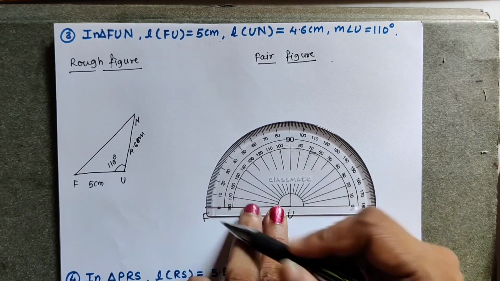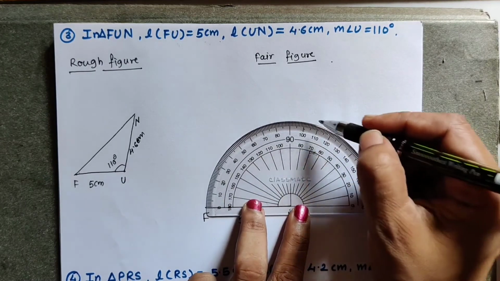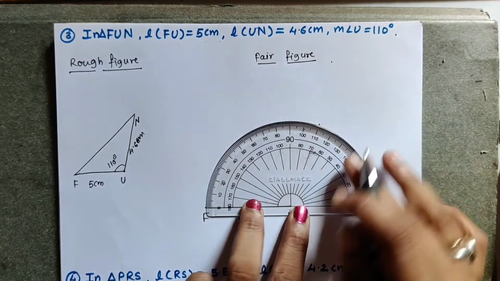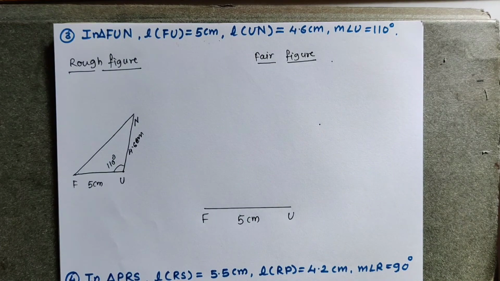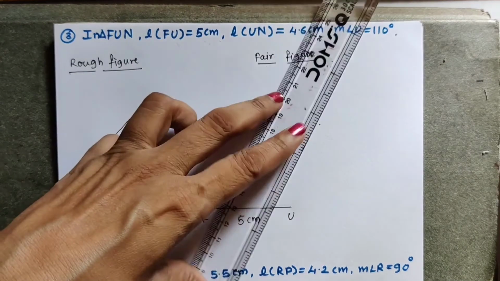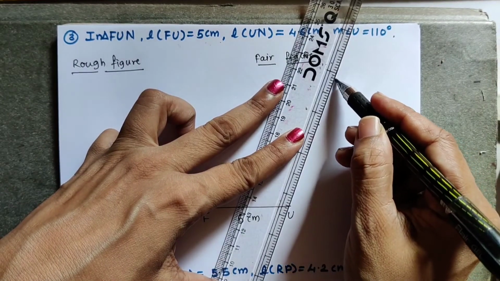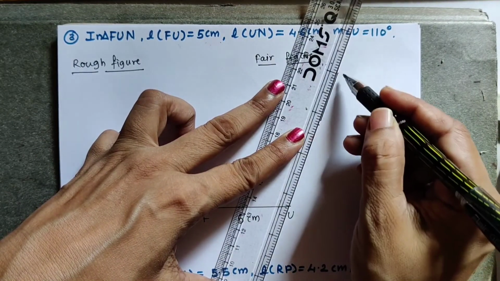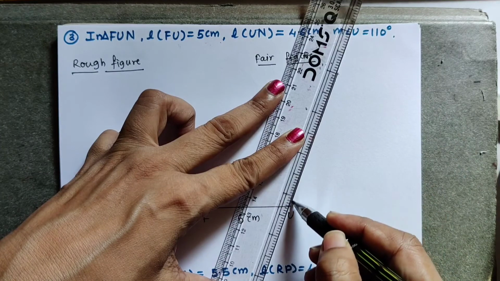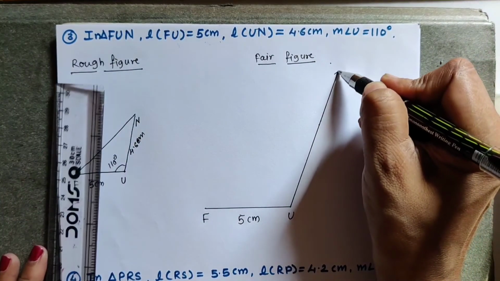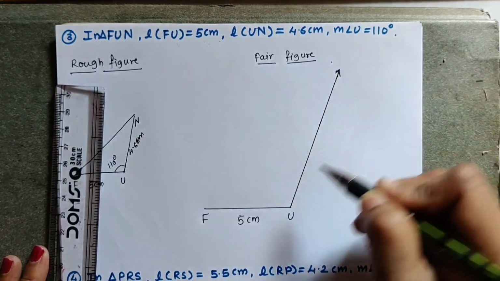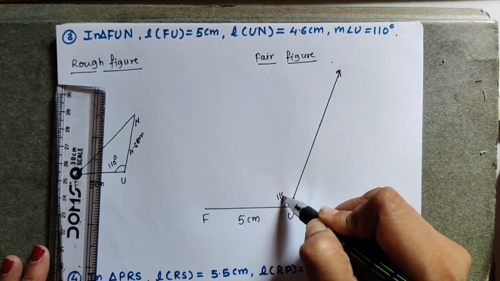I am going to count from 0 till 110, it comes here. Now I am going to join this point with U, and I will draw a long ray. And this is the ray of 110 degree.